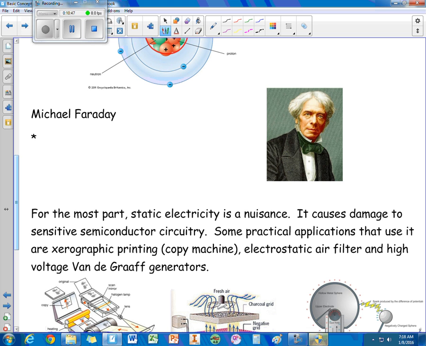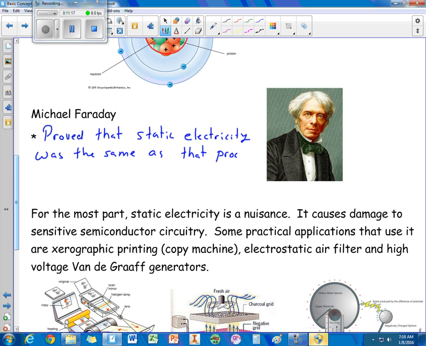What Faraday did was he proved that static electricity was the same as the electricity produced by a battery or a generator. And that was a big leap forward as well.